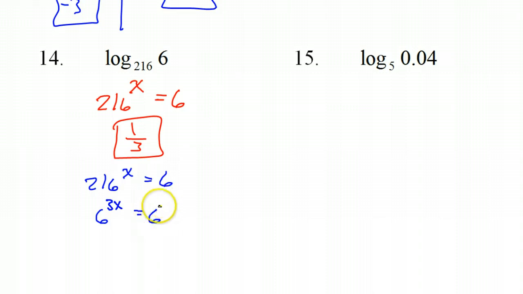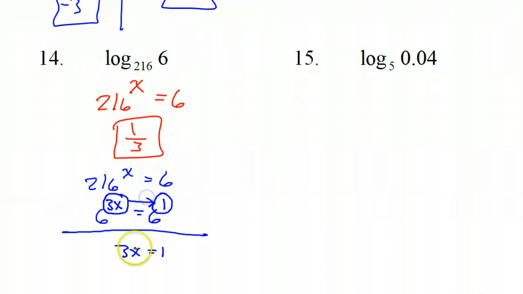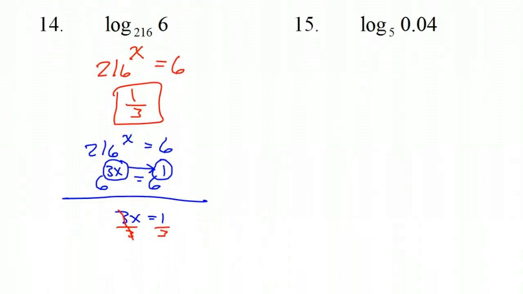And then this is like 6 to the 1 power, so that means 3x must equal 1. Alright, by logic, this must equal this. Okay, so 3x must equal 1. Alright, dividing both sides by 3, and you get your 1/3.